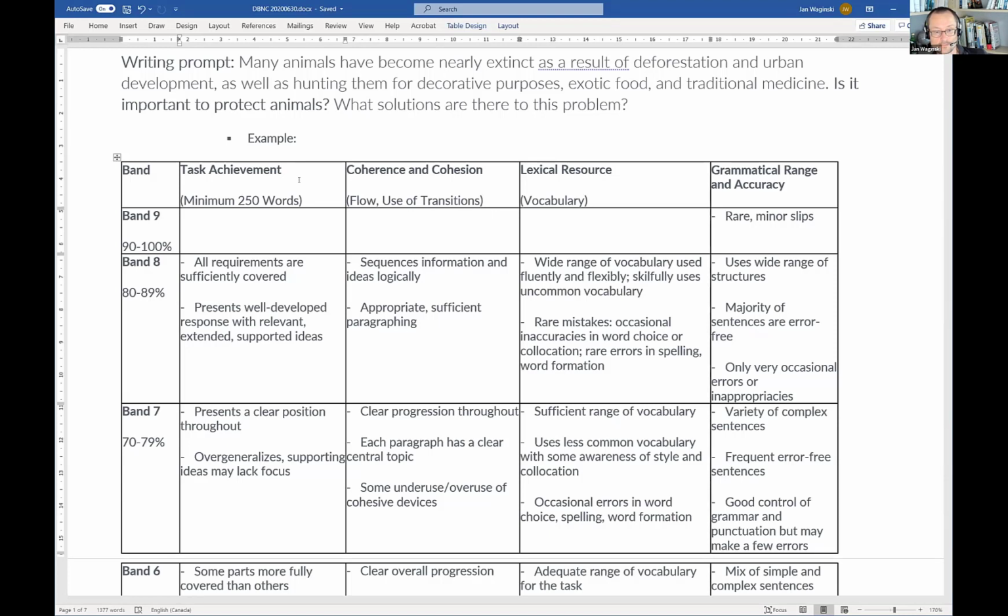Okay? Normal math, if you get 0.5 or higher, it's rounded up. Everyone's familiar with rounding? Yes. Okay. But on writing and on speaking, when they're calculating your score based on these 4 categories, they round down.